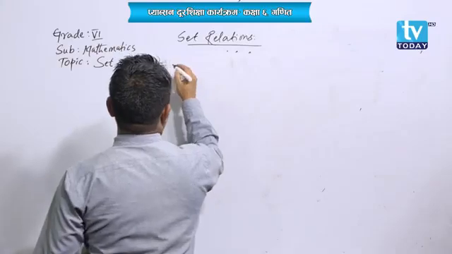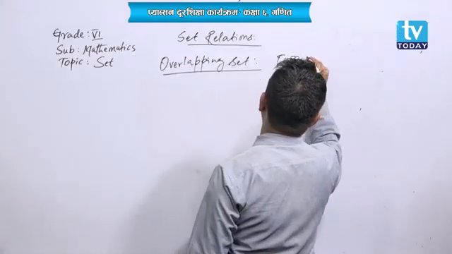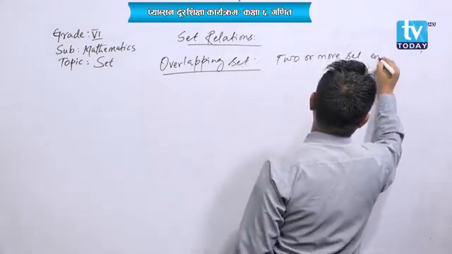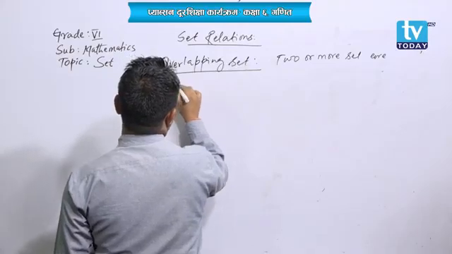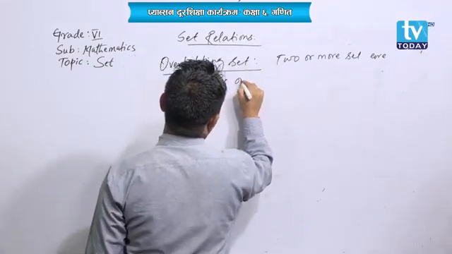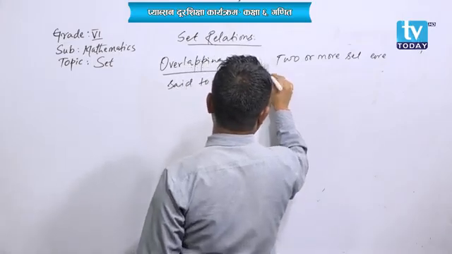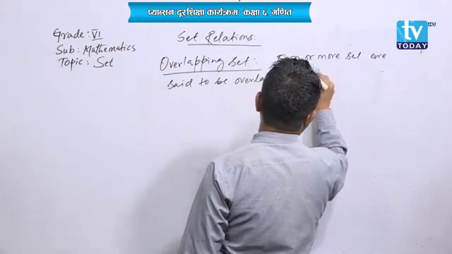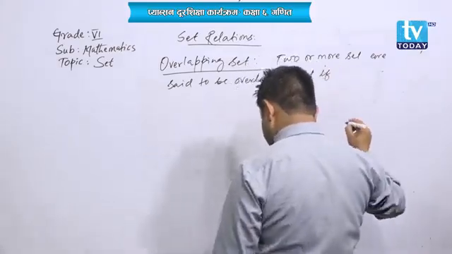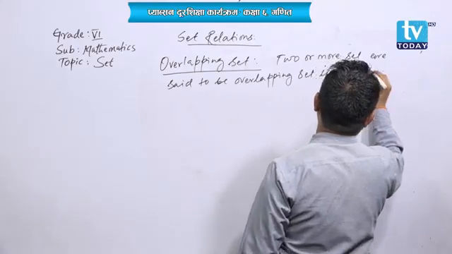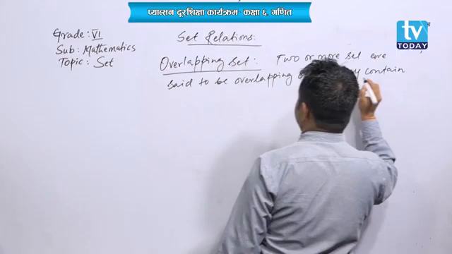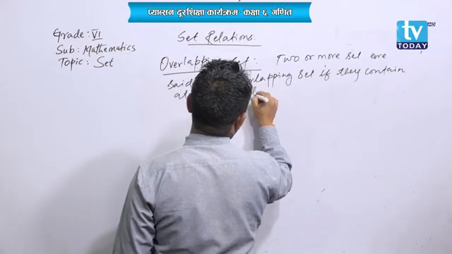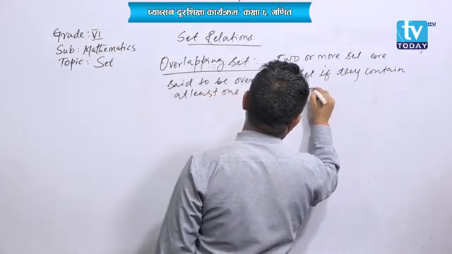Now overlapping set. Two or more sets are said to be overlapping sets if they contain at least one element common.